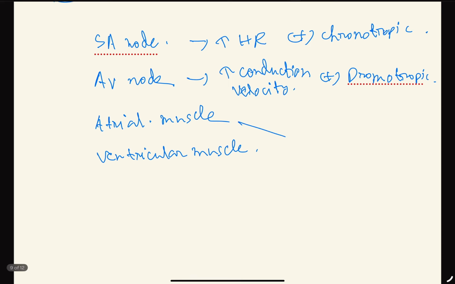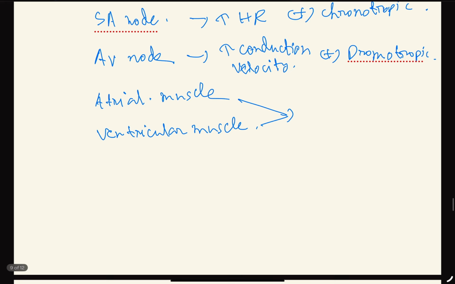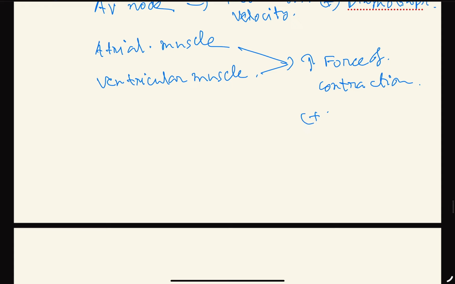And atrial muscles and ventricular muscles increase the force of contraction. So this is called a positive inotropic effect. Okay.